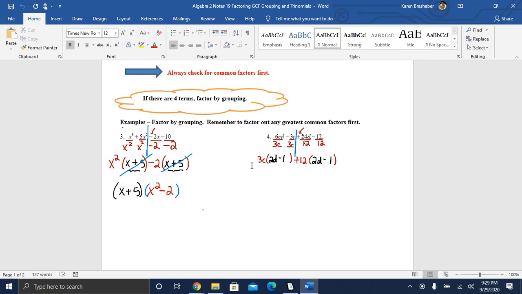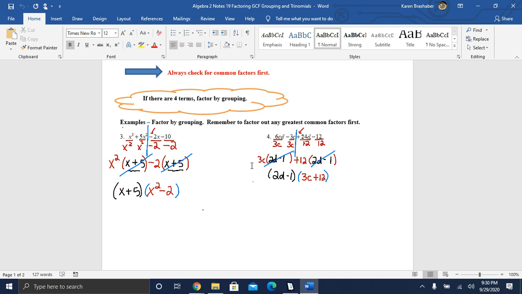So your common factor is the 2D minus 1. That's going to be one of your factors in your final answer. Now, that one's gone. I'm going to mark it out. And then my other factor is what I did not mark out. Well, what I did not mark out was 3c and the plus 12.